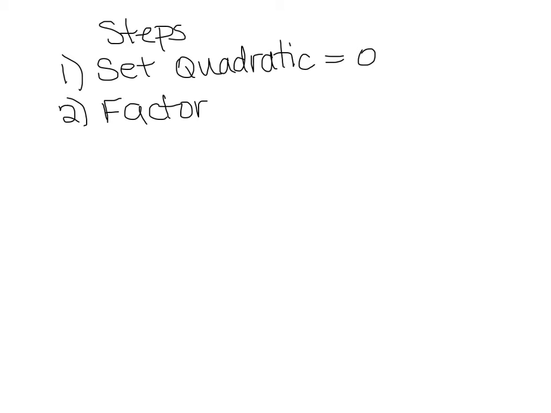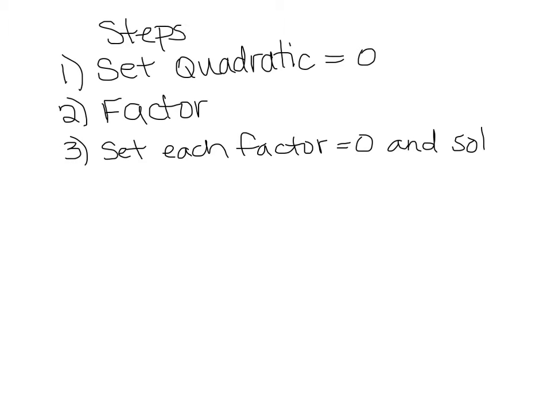So going through and setting the parentheses, making the X puzzle, figuring out the signs, and then deciding what numbers solve that X puzzle. So it'll be factoring. And once we factor, then we're going to set each factor equal to 0 and solve. So the good thing is we actually already know how to do step 1 and step 2, and step 3 is the only new part, right? So those are our 3 steps, the exact same steps for finding the zeros too, so that's really nice.